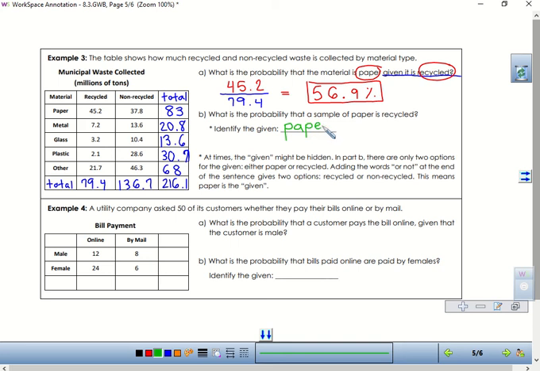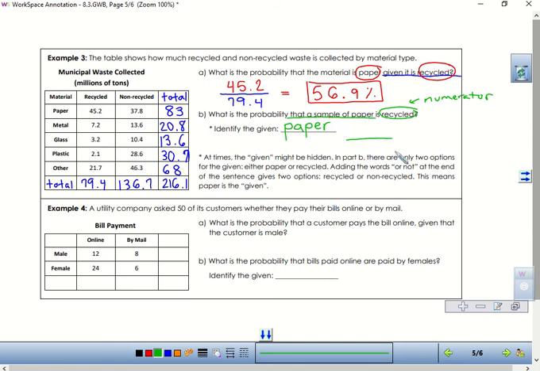Yeah, we will eventually. So how this works is, probability that a sample of paper. So we're specifically looking at the paper. And then within that, our numerator is going to be a type of paper, right? So given that a sample of paper, we're assuming that it's a sample of paper, and we want to know how much of that paper is recycled. So your given is your denominator, okay?